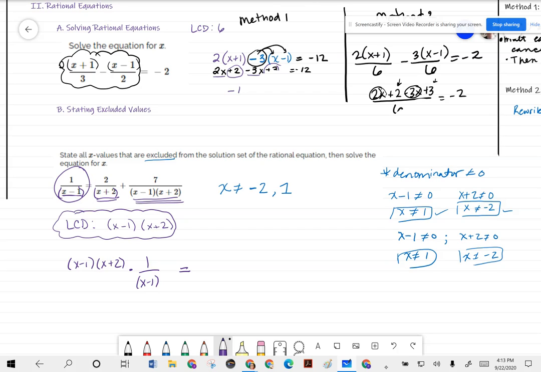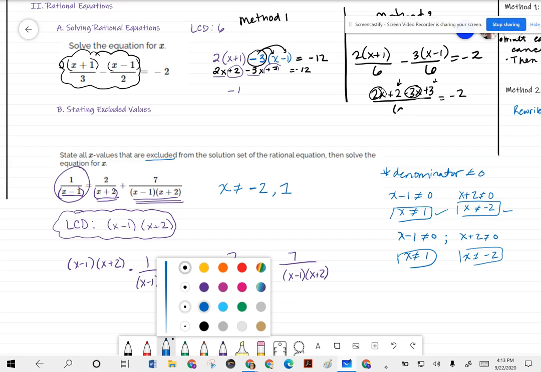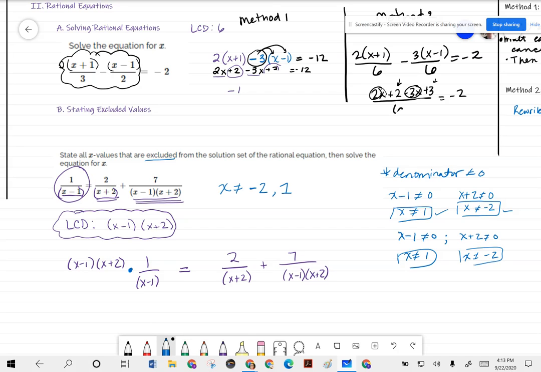So now we've got 2. I'm going to leave some space over x plus 2 plus, and then 7 over x minus 1, x plus 2. So I'm going to change colors here. When I multiply this term, because you're going to multiply both sides by the LCD, x minus 1, x plus 2, the x minus 1s will cancel, and then I have x plus 2 times 1, which is just x plus 2.